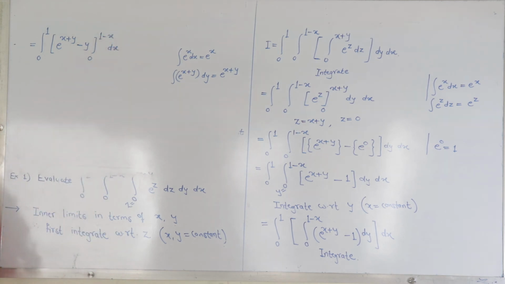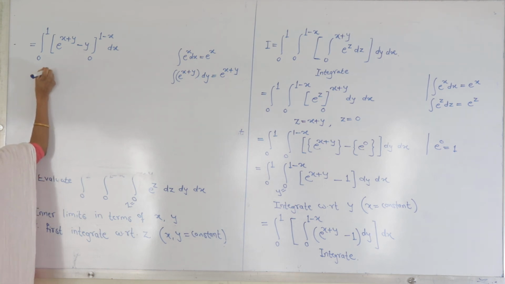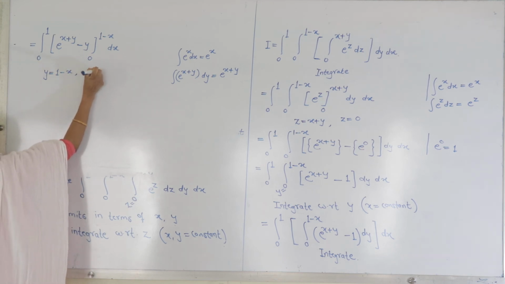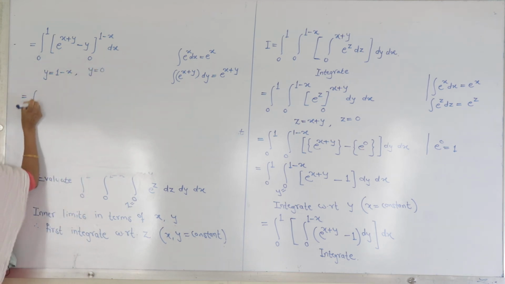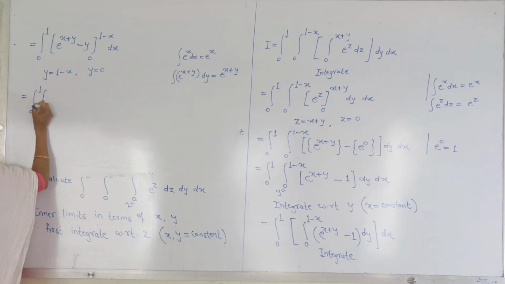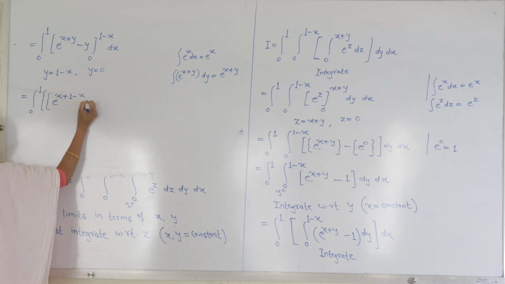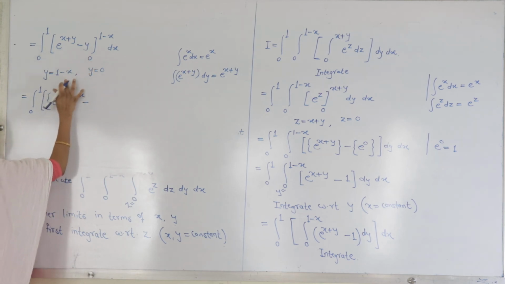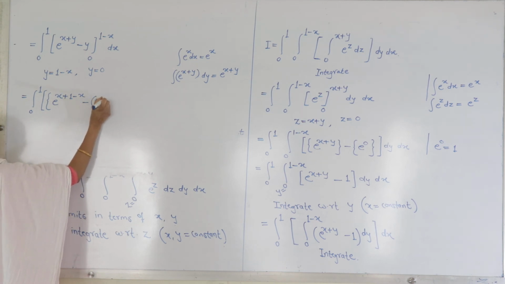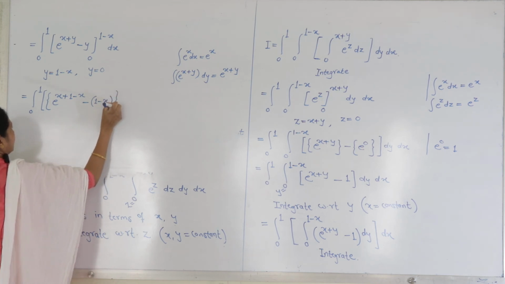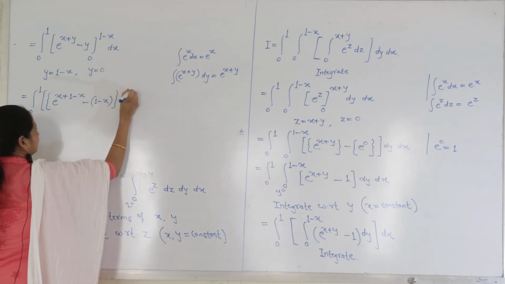Now limits. Upper limit of y is 1 minus x and lower limit of y is 0. Integration 0 to 1. For upper limit, e raised to x plus y, where the value of y is 1 minus x, minus y, which is 1 minus x. This is for upper limit minus lower limit.